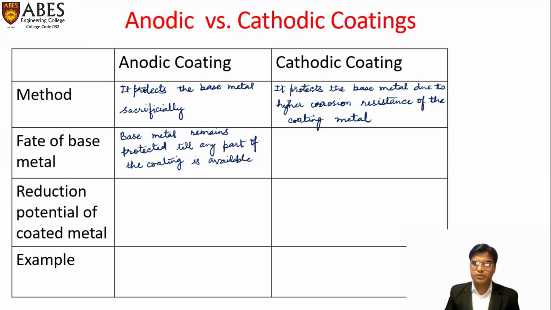On the other hand, in case of cathodic coating, any break or pore in coating will cause accelerated rate of corrosion.